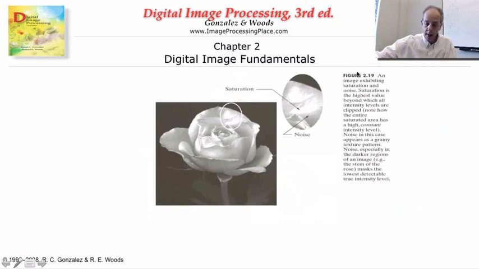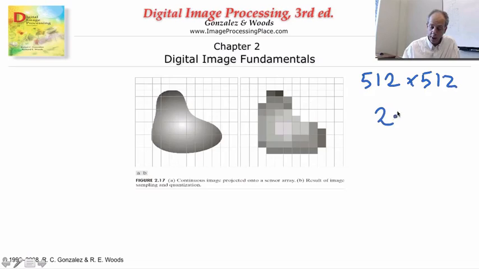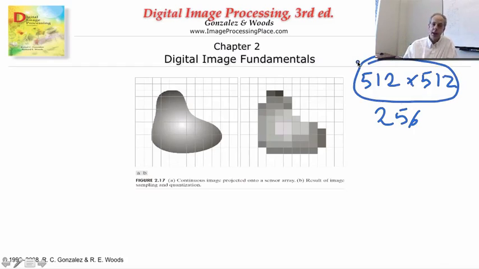Let me just go back. We might have an image that has, instead of 256 by 256, 512 by 512, and still 256 levels. So it's going to take more memory to save that image, but it's going to have a better quality. And once again, when you're buying digital cameras, they normally tell you a lot about this number, how many pixels it has.